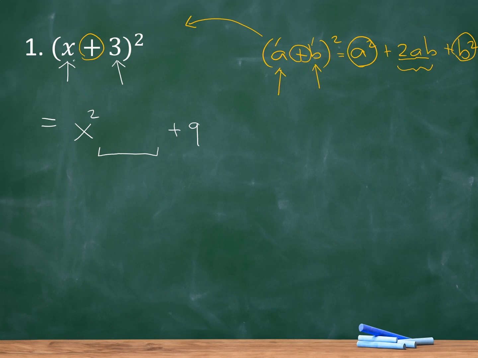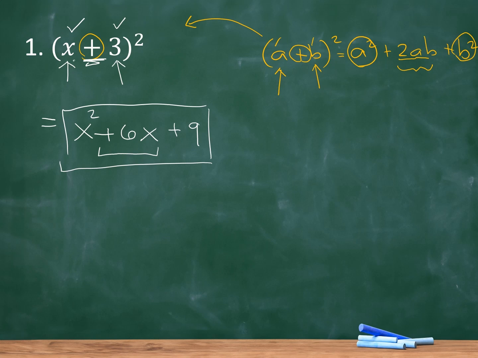So we multiply x times 3, so that's 3x, and then we double it, so we multiply it by 2. 3x times 2, that's 6x. That is gonna be our middle term, 6x. And since we have a plus here, we will put plus here. So this will be the answer. So you see how quickly and accurately we answer the problem using the pattern.